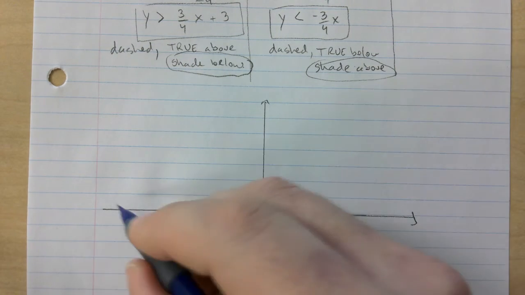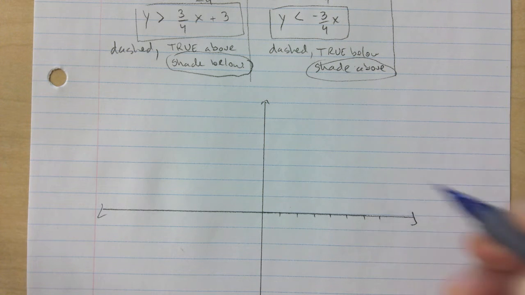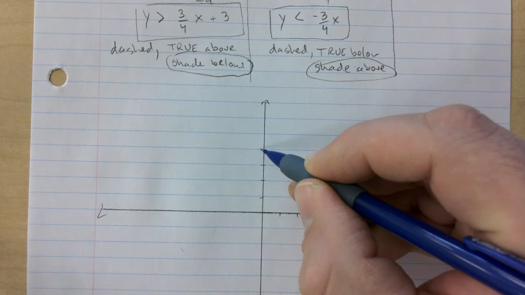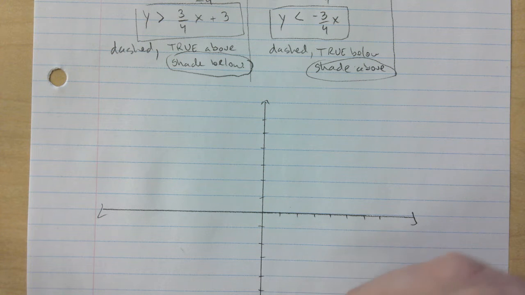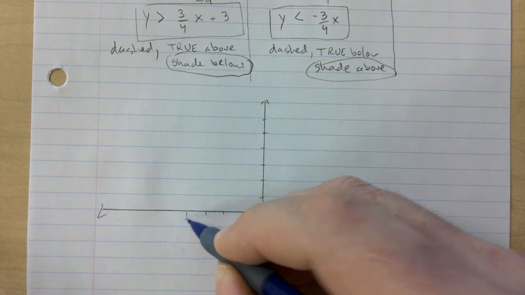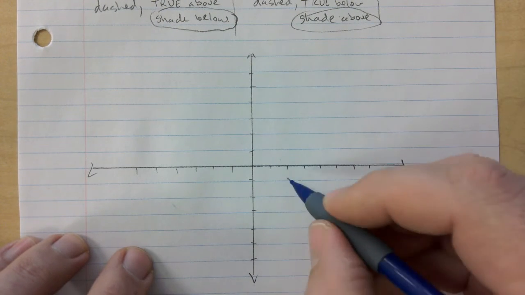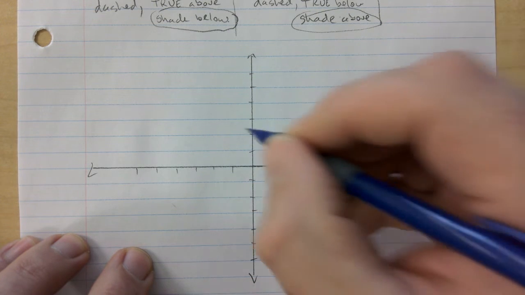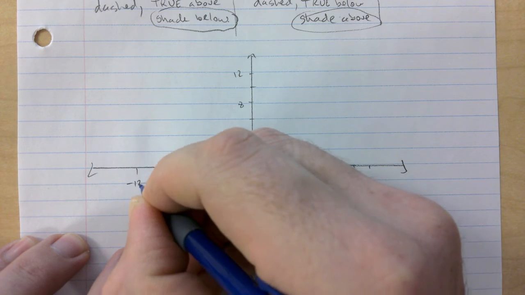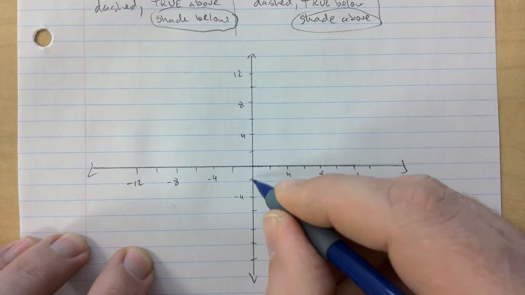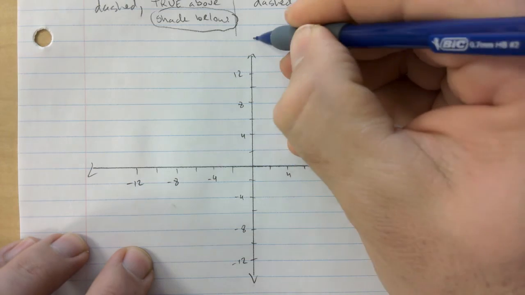So we've got 4, 8, 12, -4, -8, -12 on the axes.